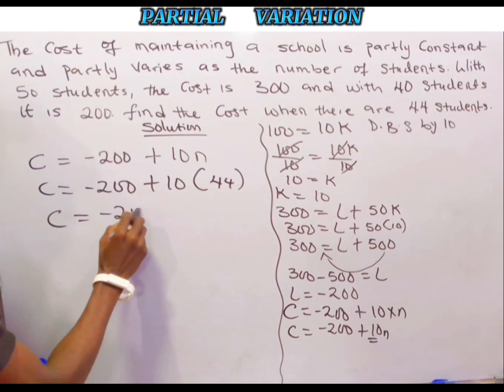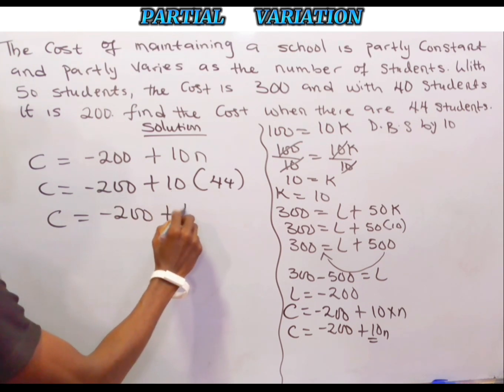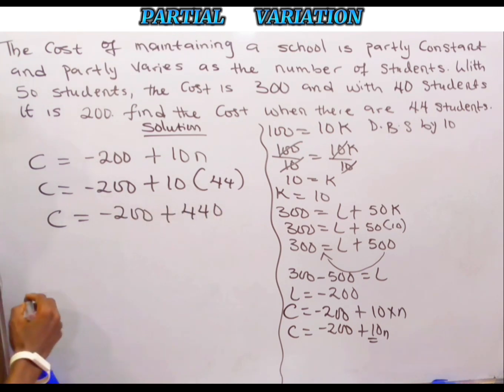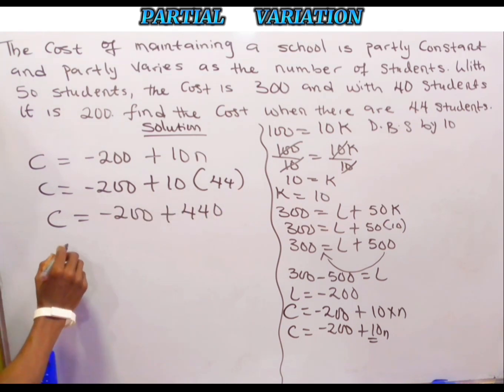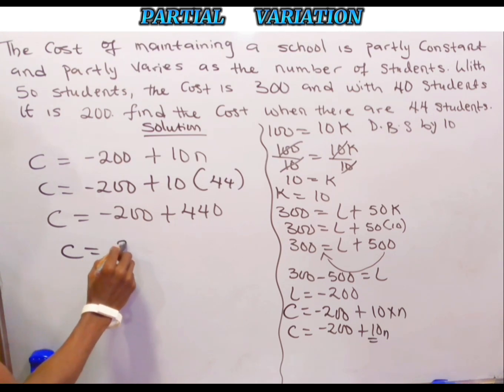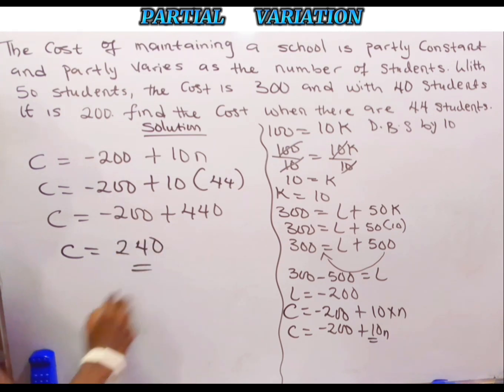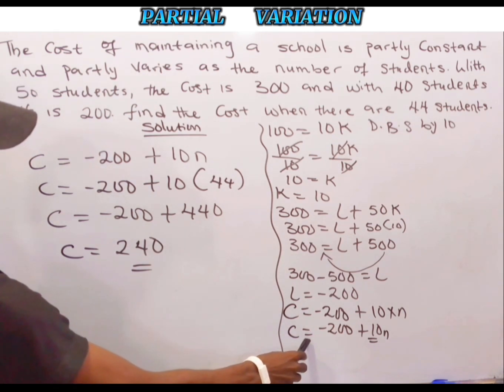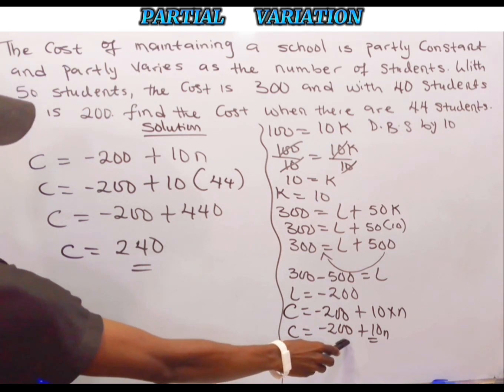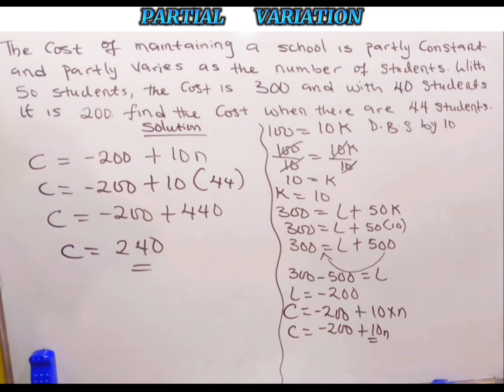C is negative 200 plus 440. C will now be 240. So the cost when there are 44 students is 240, and the relationship between C and N is C is equal to negative 200 plus 10N.